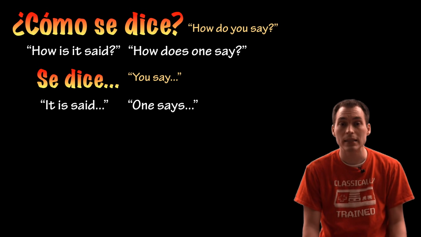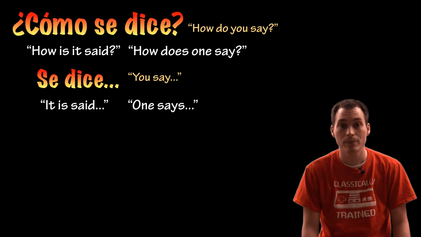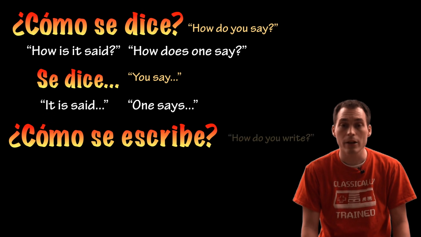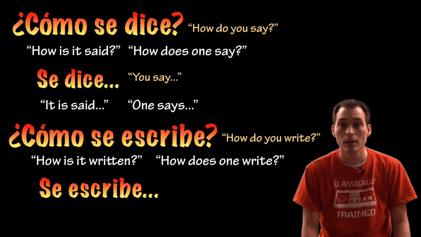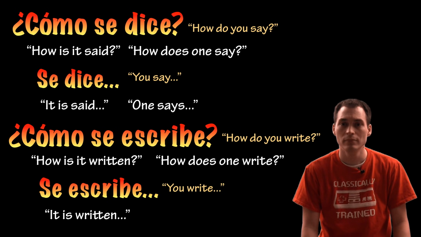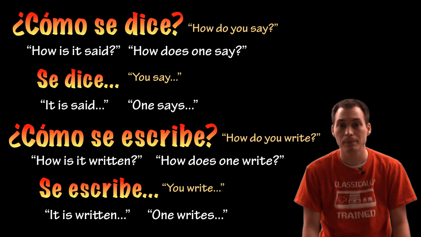And really what we're asking is, how is it said? It's said. And we also saw ¿Cómo se escribe? And the answer, se escribe. How is it written? It's written. We call this the impersonal se or passive se because it's often used instead of naming a specific person doing the action. Let's look at some more examples.